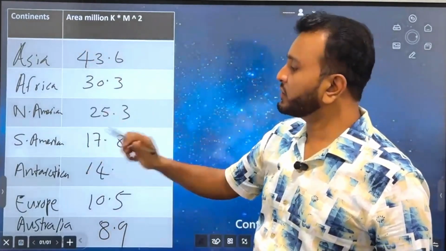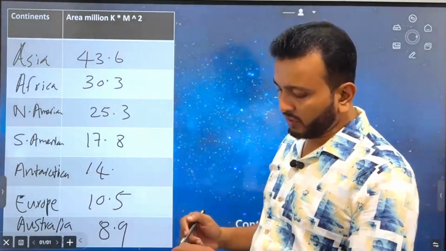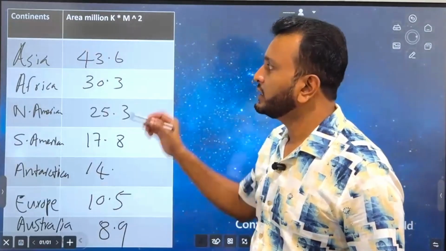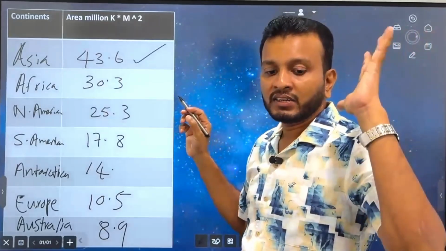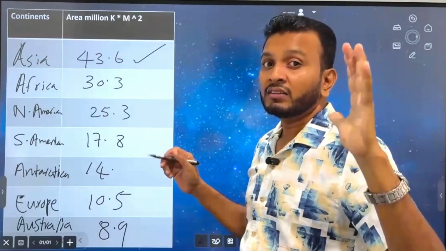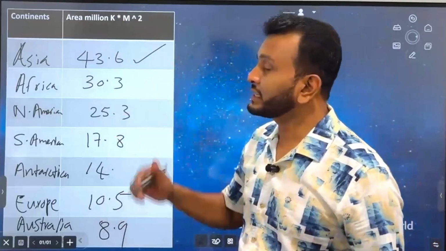Asia, Africa, North America, South America, Antarctica, Europe, and Australia. The largest continent in the world is Asia, with Sri Lanka, Pakistan, Bangladesh, China, Russia. Very large countries. The most populous countries are located here.